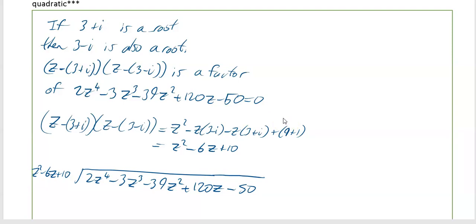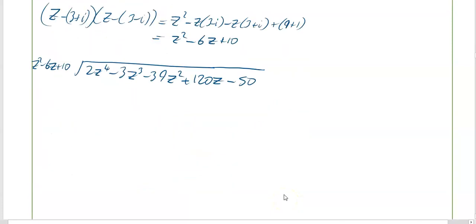So you've got 3 plus i times 3 minus i, which is the difference of two squares, so 3 squared minus i squared, so that's going to be 3 squared minus minus 1, which is 9 plus 1. So it tidies up to be z squared minus 6z plus 10. What we then want to do is divide that into the original quartic and see what we get. So again, I'm going to pause the video and I'll just do that out to save us a bit of time.